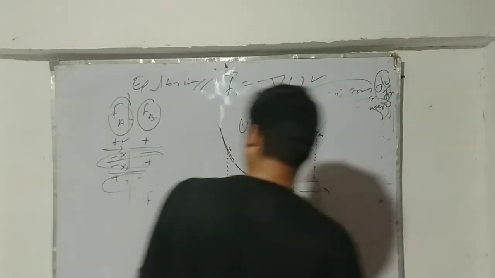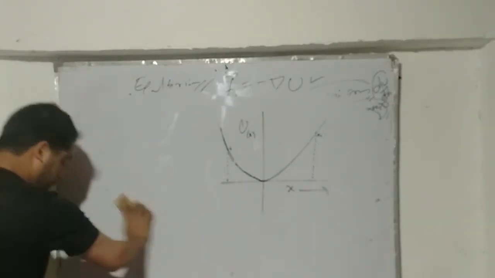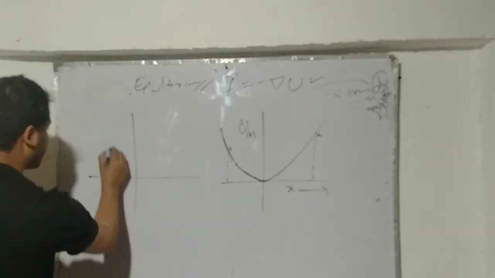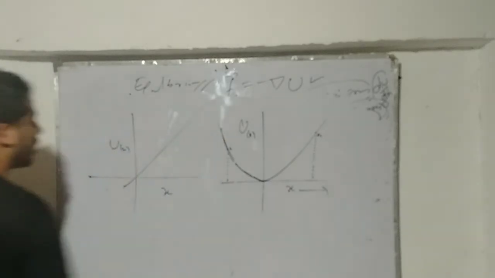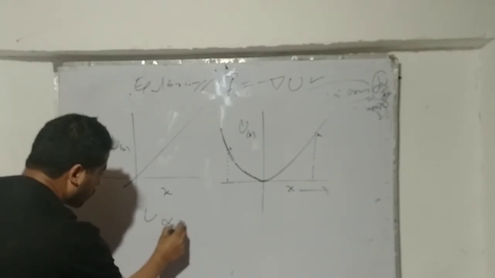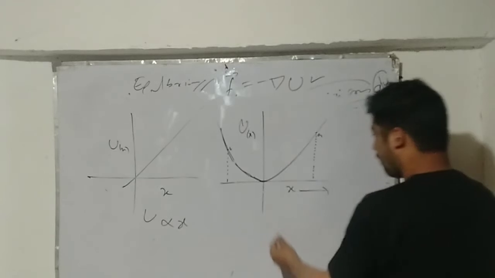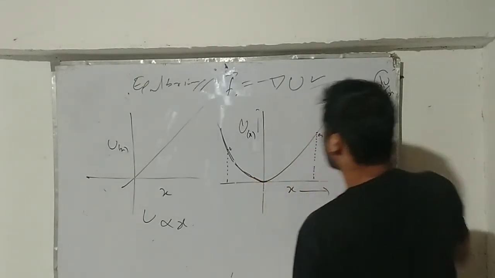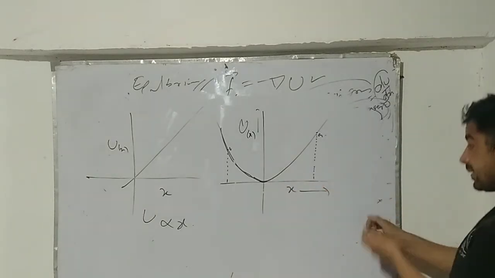To understand this kind of graph more effectively, I will again use the potential energy variation with distance. Suppose the graph looks like this, meaning that u is proportional to x. But what's happening here is that when u increases, this is the line along which u increases, and this is the line along which x increases.